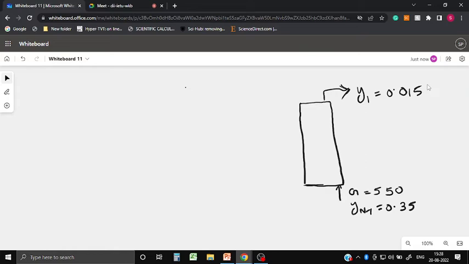Y1 will be equal to 0.01522. X0 is equal to 0.00204.